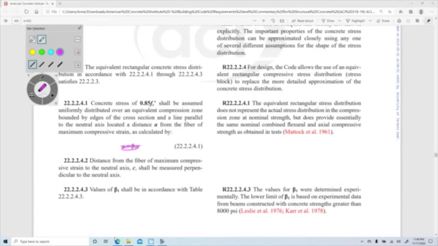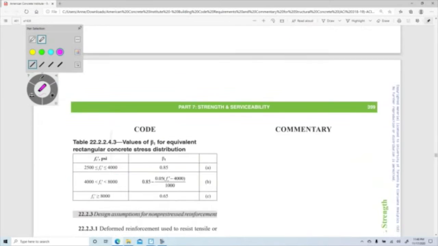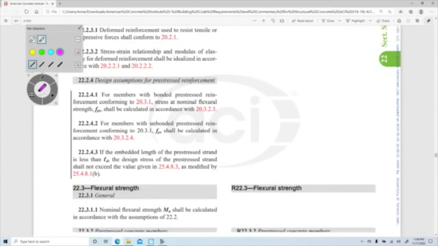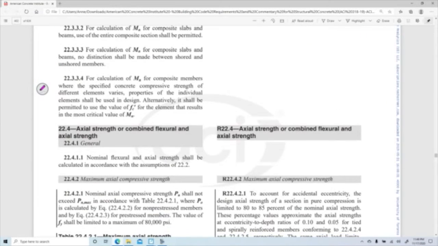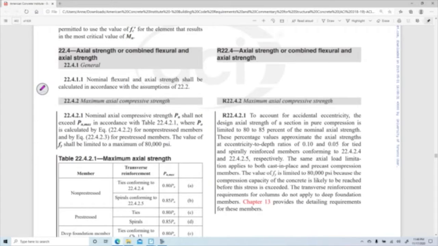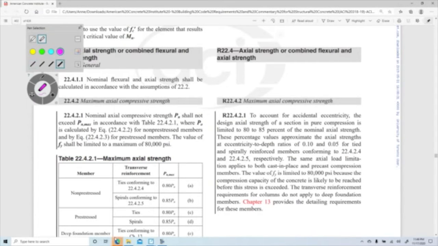A equals beta 1 times C. We just used that again. There's our beta 1s. That's our flexural strength and how to calculate it. Now our axial strength, 22.4. This is on page 397. There's a maximum axial strength.